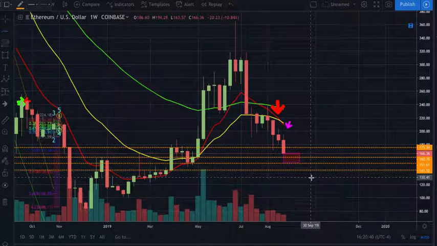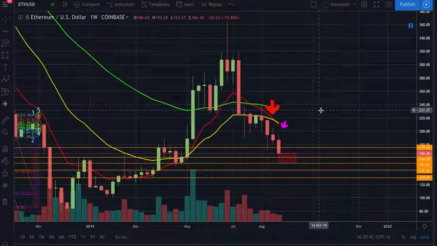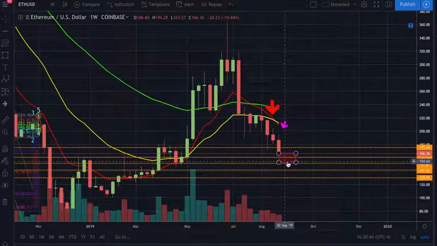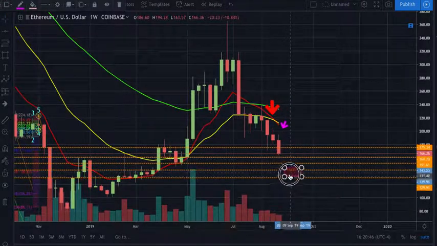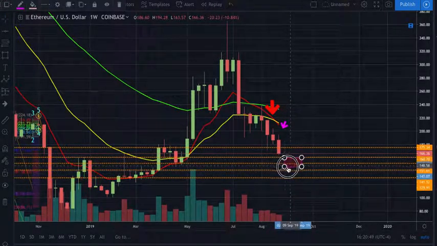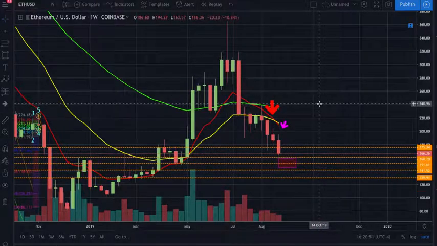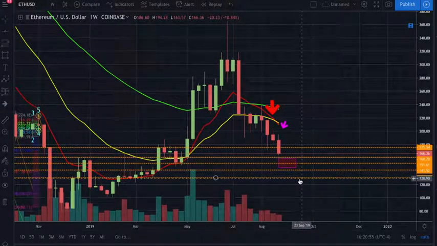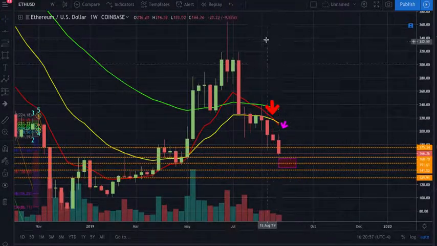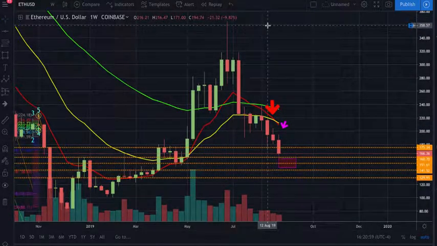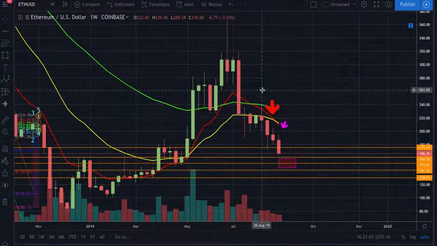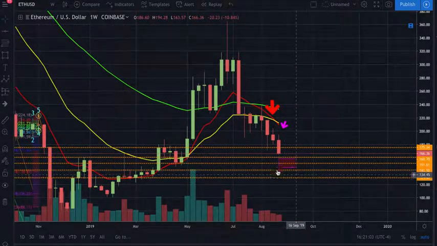So before you go unloading your altcoin positions, we may be seeing the bottom come in somewhere around here. Now that's still a drawdown. Ethereum's at 166, so if it came down to that last one here, that's 130. You know what I mean?